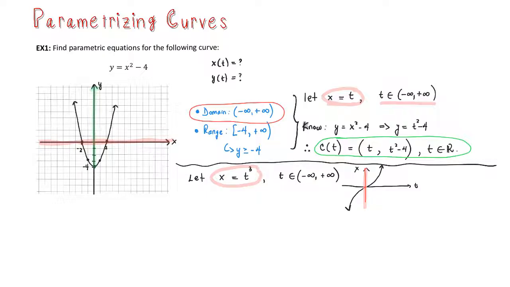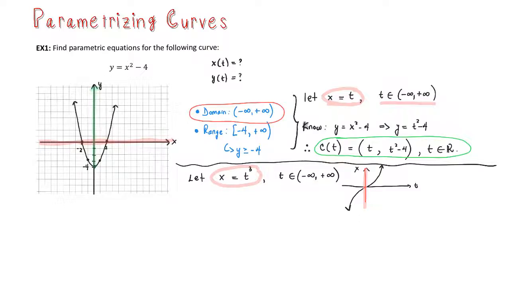I couldn't let x be t squared, because then you would only get positive x values and lose all of the negative x values. So x equals t squared wouldn't parameterize this parabola. It would only parameterize half of the parabola. And if I want to capture the entire parabola, I have to make sure that I use odd exponents instead, so that I get all of the x values.